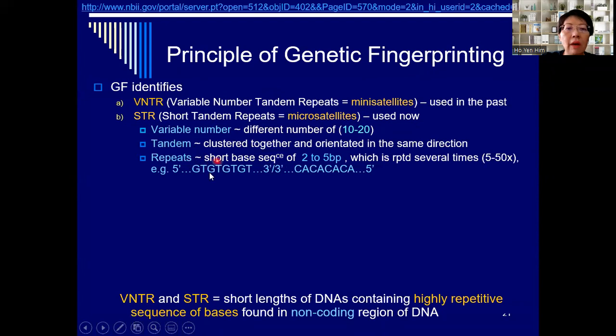Repeat means, for example, GT, and when you repeat again you get another GT, and again. Here you have 4 repeats for the base CA. The repeat is made up of a short base sequence of 2 to 5 base pairs that will continue to repeat itself for 5 to 50 times.